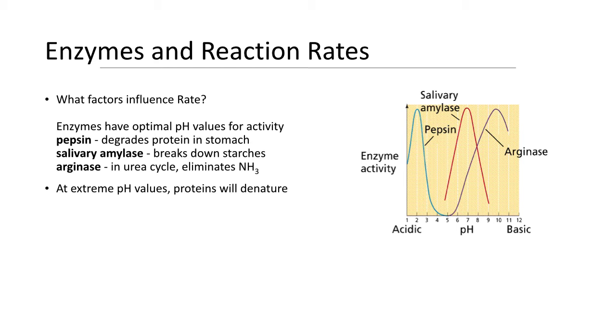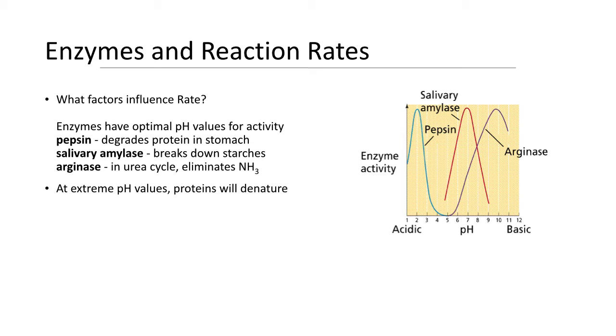If we have, for example, a reaction occurring in the stomach, which has a profoundly acidic pH, an enzyme like pepsin, which degrades proteins in the stomach, operates best under those conditions, usually a pH of about 2. Whereas salivary amylase breaks down starches in your mouth with saliva.